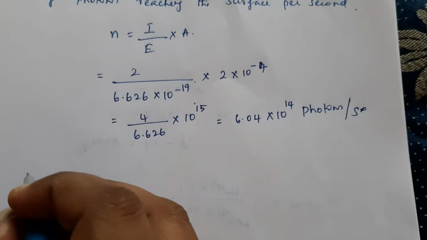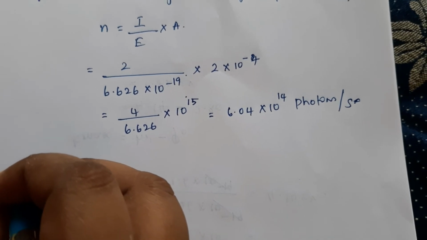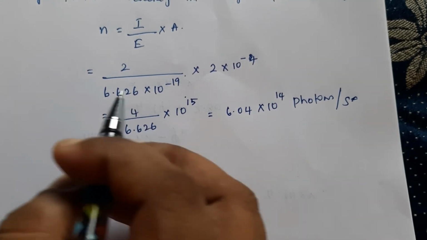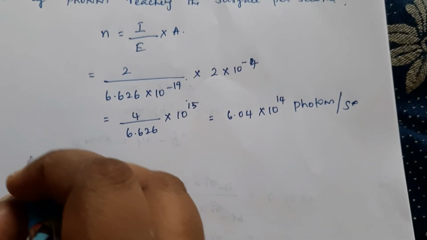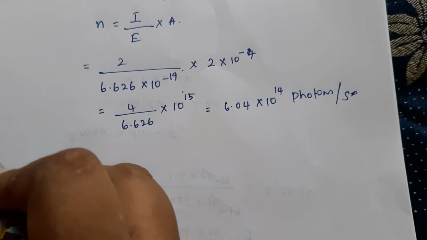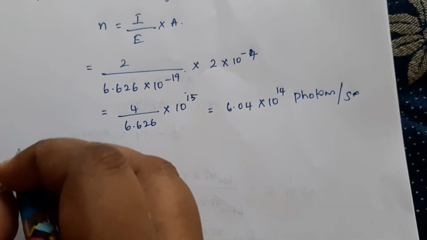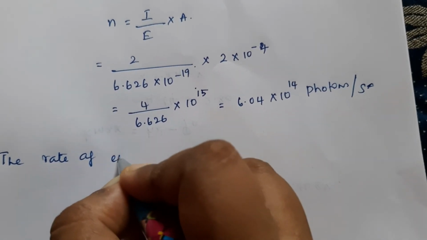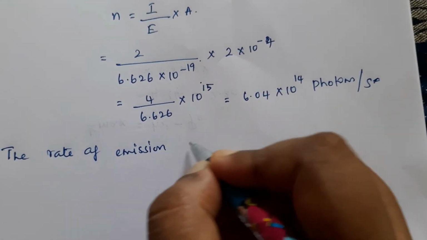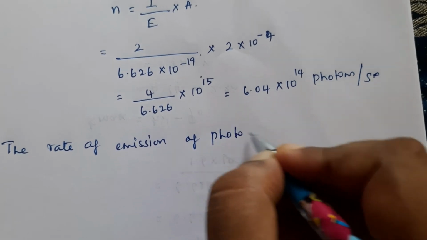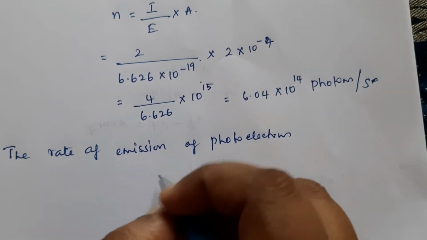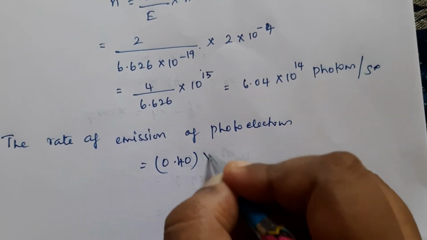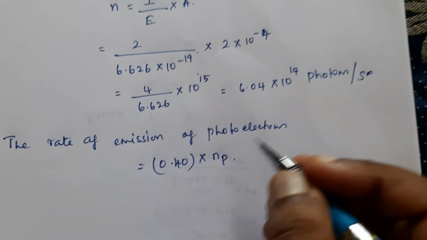Okay. Now here 40% of the incident photons produce photoelectrons. Okay. So the rate of emission of photoelectrons, how many photoelectrons are produced per second or emitted per second. So the rate of emission of photoelectrons, that is 40%, 0.40 into number of photons.